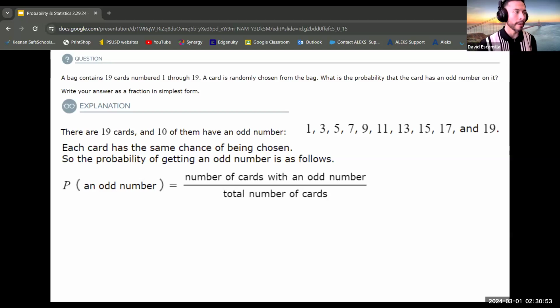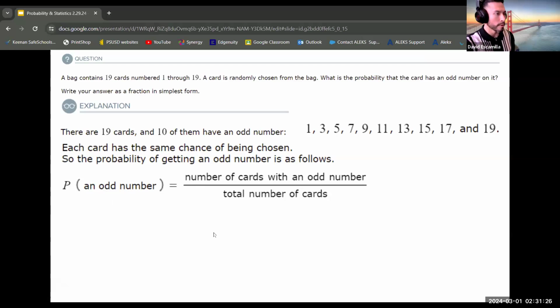When you see P, parentheses, a label inside, close parentheses, equals, I'm basically reading this mathematically, even when it is not a function for the purpose of the lesson. So we read it: probability of choosing an odd number. That's the intention of using all of these symbols.